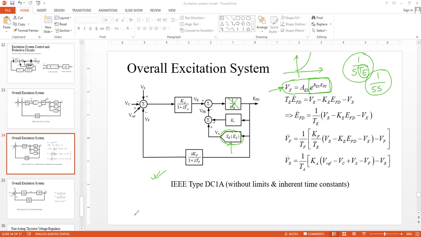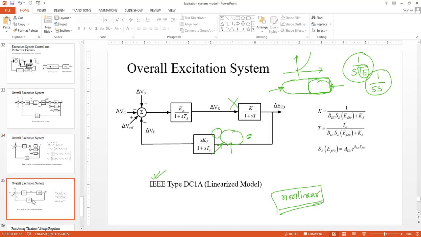So it is still a nonlinear model, because of the presence of this exponential relationship between the output Vx here and the input EFD here. This is the saturation function actually. So the representation of the saturation, the way we are representing it, is not linear itself. That's why the overall system is not linear.